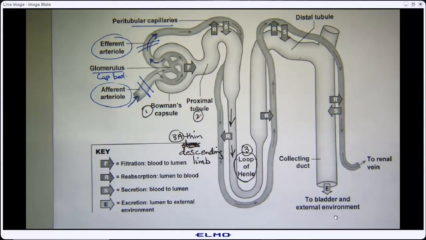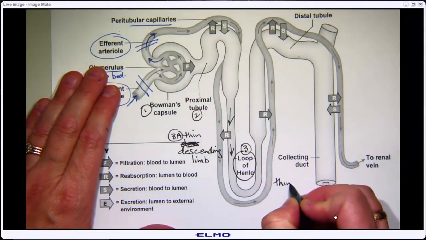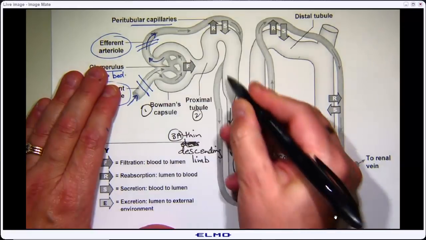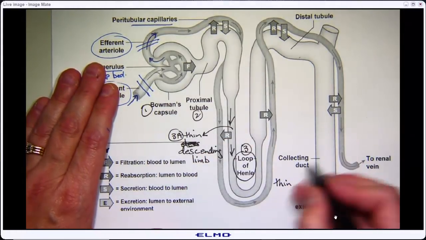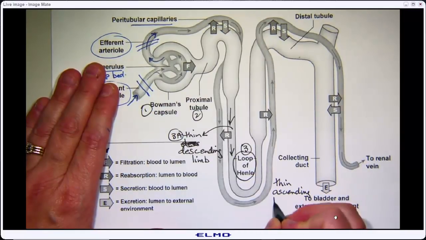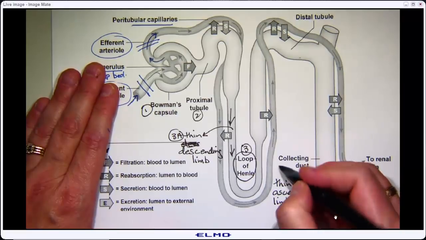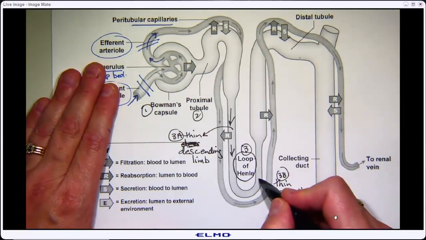And then it turns a corner, and then it goes back up through that medullary space again. So we've got a thin ascending limb. So hang on, we're talking about this part here is the thin descending limb, thin ascending limb, so let's call that 3B, and that is this part of the tube.